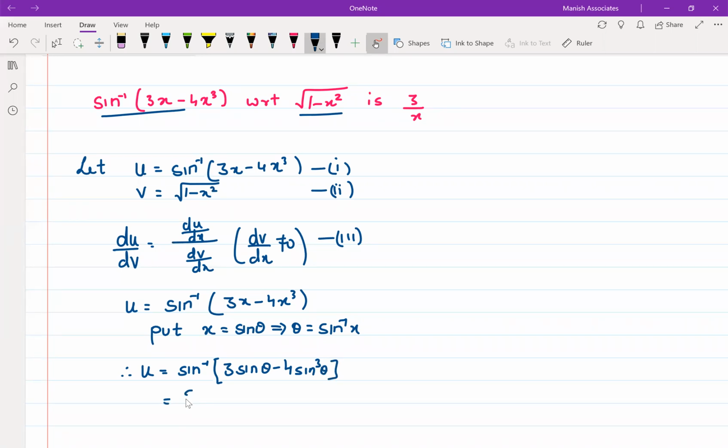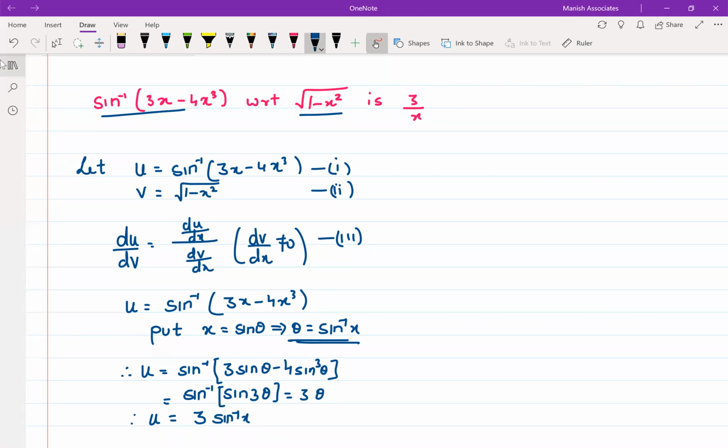And everybody knows 3 sine theta minus 4 sine cube theta is nothing but sine of 3 theta. And sine inverse of sine 3 theta is nothing but 3 theta. So u is going to be equal to 3 times theta, and theta is sine inverse of x.